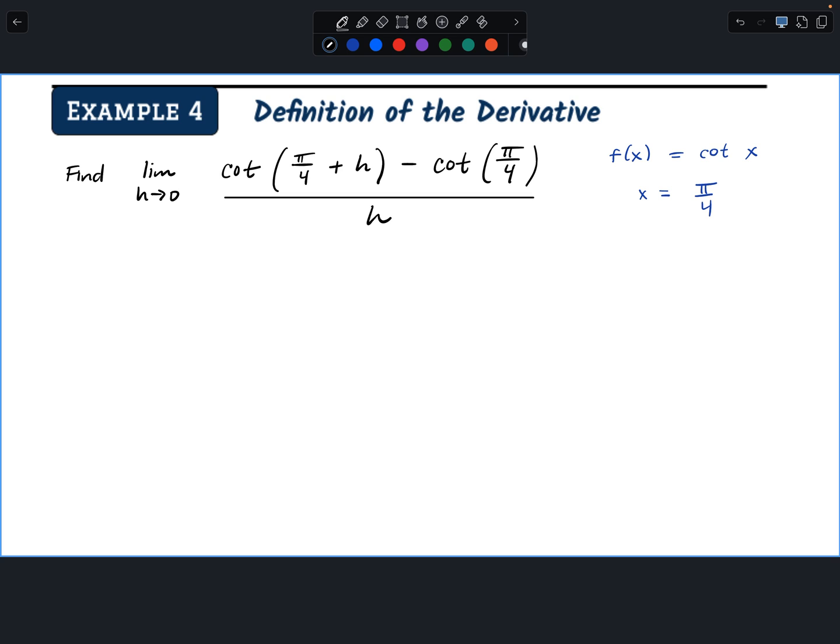So f prime of x is equal to, according to our notes, what is the derivative of cotangent? Negative cosecant squared x. Good. Okay, so that means f prime of pi over 4 would be negative cosecant of pi over 4 squared.